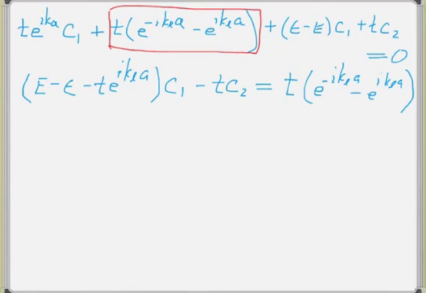I just combined the C1 terms and moved the inhomogeneous term over to the right-hand side. So this is what the equation for row 1 of that infinite Hamiltonian becomes. It's now decoupled from the left lead.